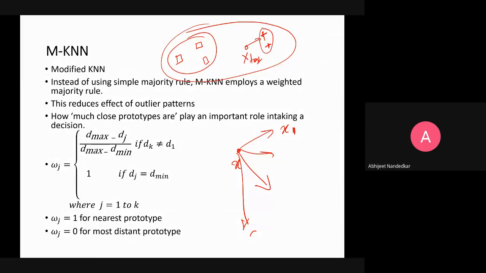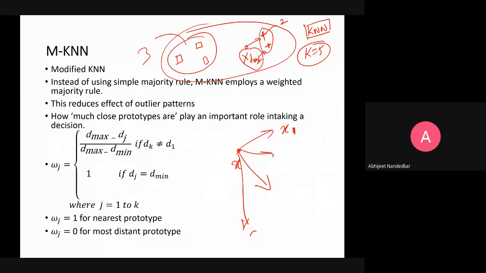But if you use the earlier KNN, that is the plain KNN or vanilla KNN, which just takes into account k equal to 5 samples around it, then it sees that okay, this is 3 and this is 2, then declares class 3, which looks odd to us because we know that this X test is more close towards these two samples.